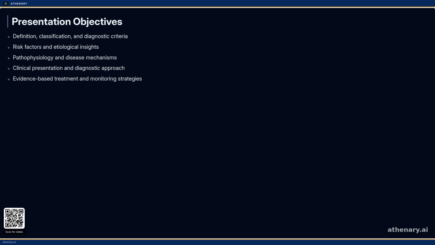Finally, we'll outline evidence-based treatment and monitoring strategies. Management primarily involves withdrawing any offending agents and often using calcium channel blockers to alleviate the vasoconstriction. Crucially, we'll discuss the importance of follow-up imaging to confirm that the arterial narrowing has resolved, fulfilling the reversible part of the diagnosis. Putting all these pieces together gives us a comprehensive clinical roadmap.